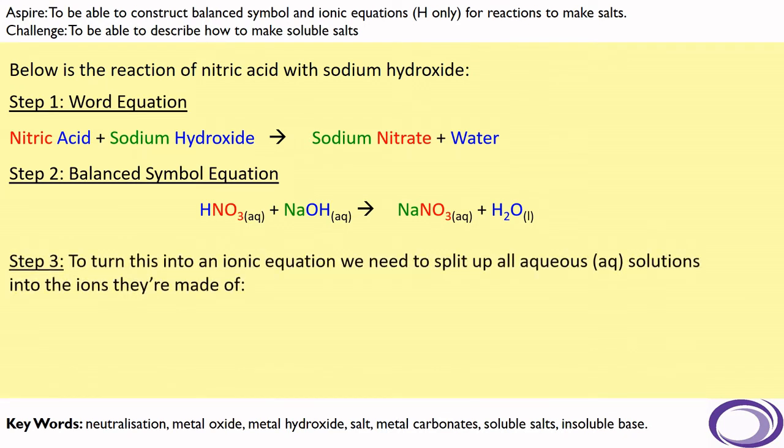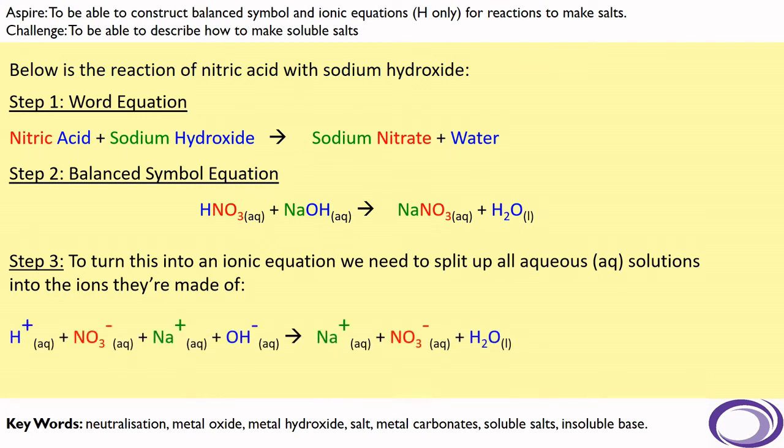So actually, those compounds split into their ions in that water. This means that symbol equation could be split into its ions and it would look like this. The H+, which is the acid, the nitrate ion, the sodium ion and the hydroxide ion.